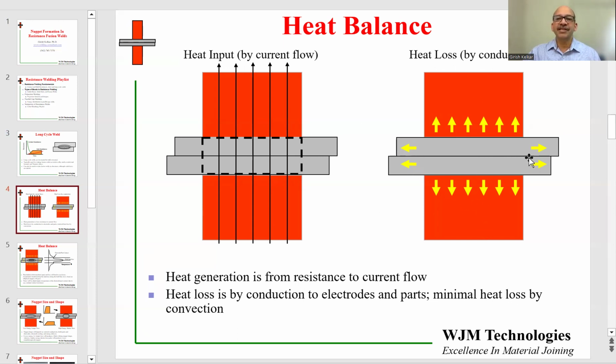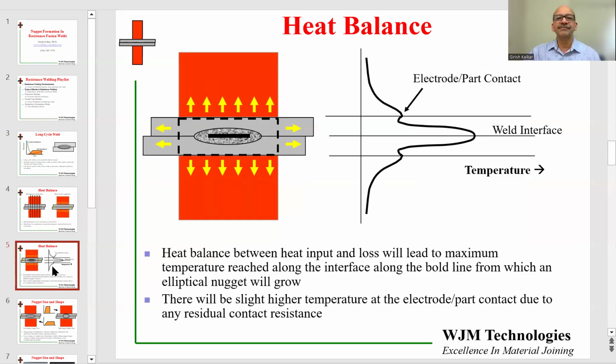And the materials themselves, depending on their thermal conductivity, can be a good source of heat loss. So now we are looking at a balance between the heat input and heat loss to generate a certain high temperature in the weld, which will eventually lead to a fusion weld. Let's see on the next slide how that happens.